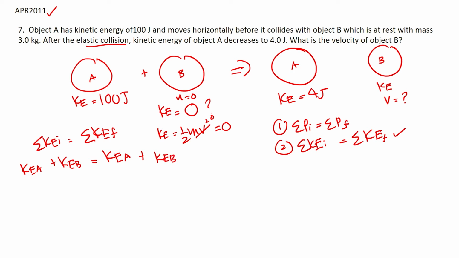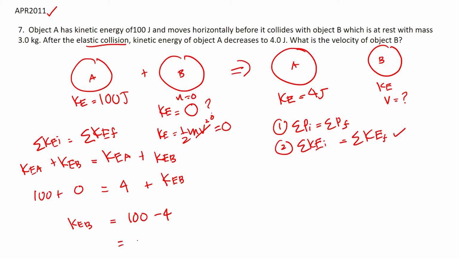And then, okay, we substitute the information. Kinetic energy for object A is 100 plus 0 equals 4 plus the kinetic energy of B, so we can find the kinetic energy of B. So kinetic energy of B equals 100 minus 4.